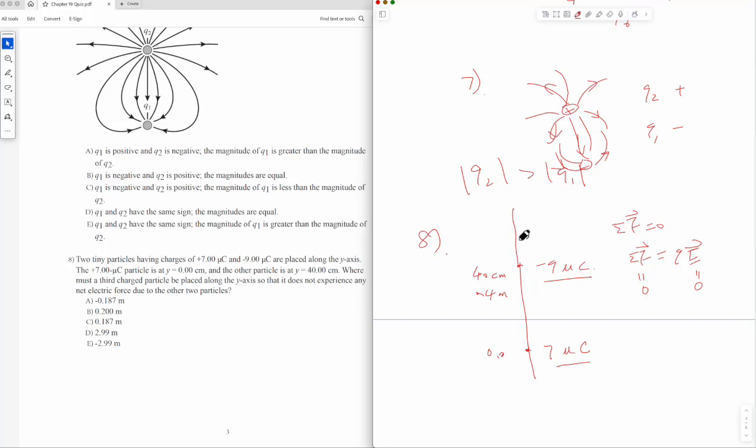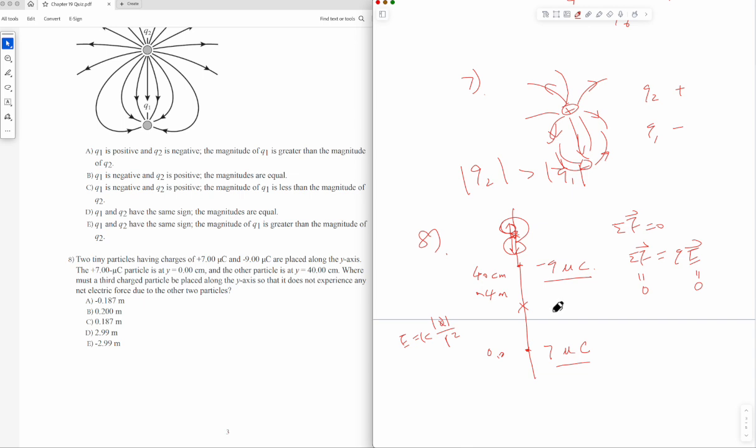The position won't be here, because this position is close to the negative charge and far from the positive charge. You cannot cancel each other here. Field due to the negative charge goes this direction, field due to the positive charge goes this direction, and this field will be bigger because this one is close to the negative charge. Field equals KQ over r squared. So this won't happen at this location.